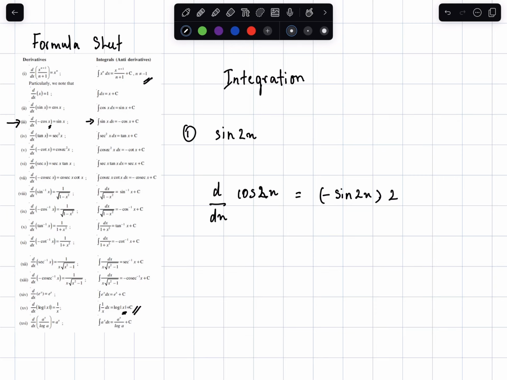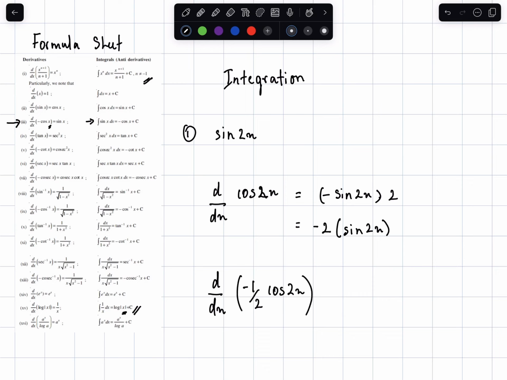Interesting, correct? So now let's try to isolate the sine of 2x, which is equal to, sorry, this is wrong, minus 2 times sine 2x, correct? If I take this to the other side, what happens? It becomes d by dx of minus 1 by 2 cos 2x.